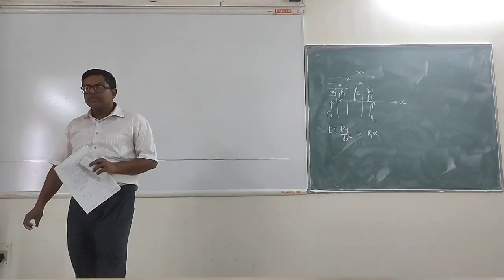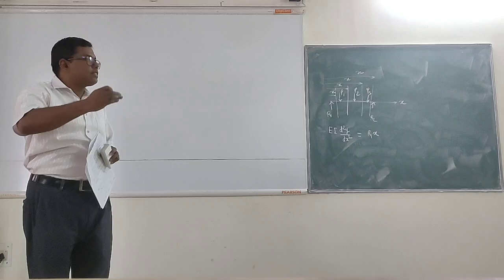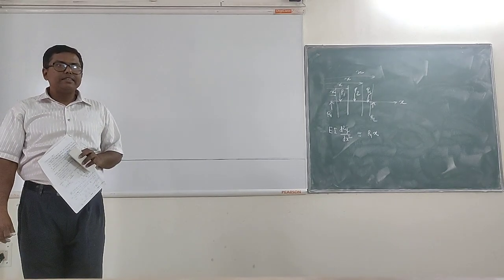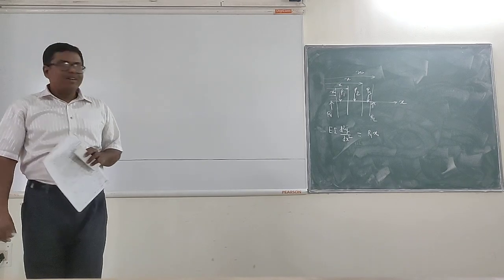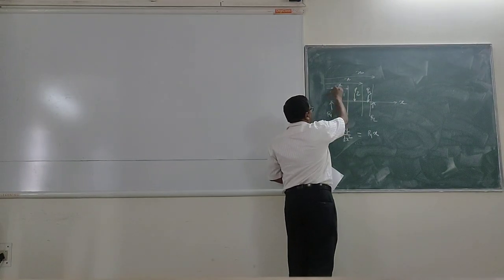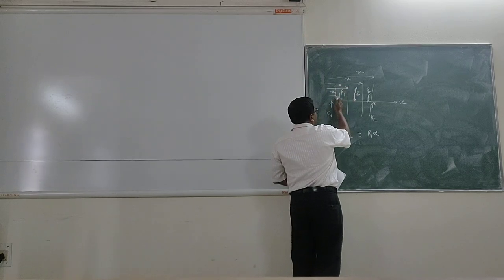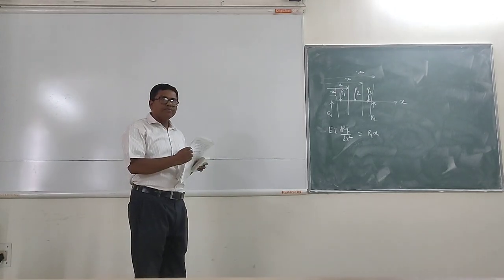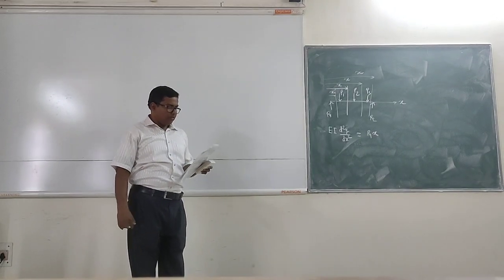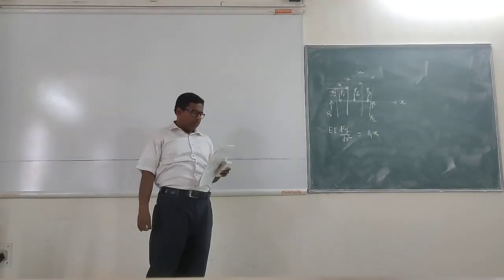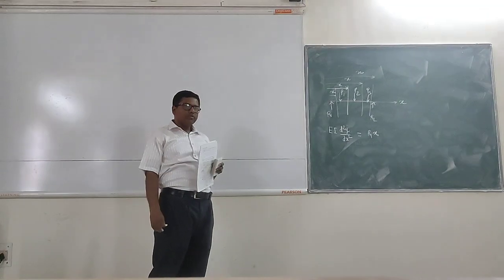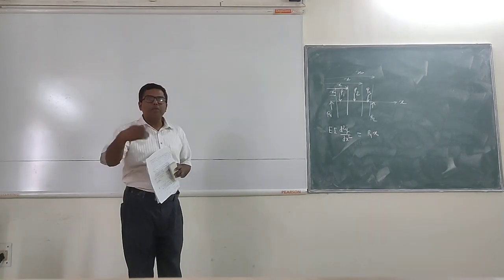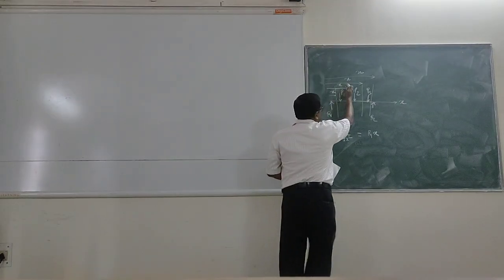Is it clear? So what will happen to the next section when P1 is encountered? What will be the moment? If my x changes from here to here, what will be the moment?